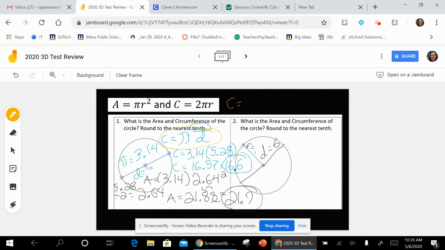I like using pi times d. So 3.14 times 6, and we're going to round it. We get 18.84, so I'm going to round it to 18.8. 5 and up, round up, everybody.